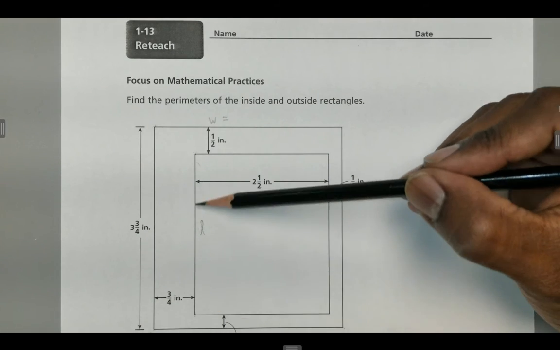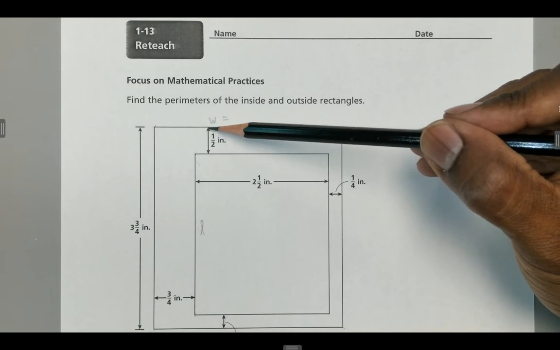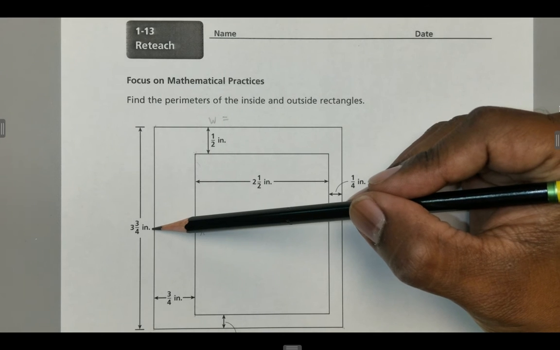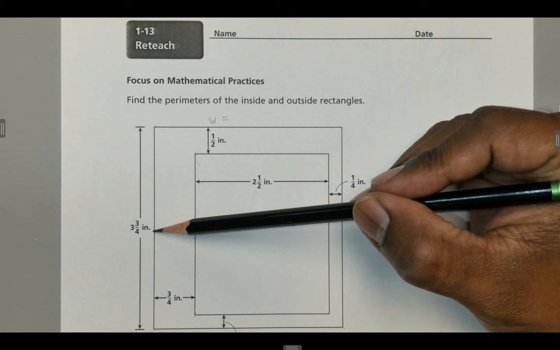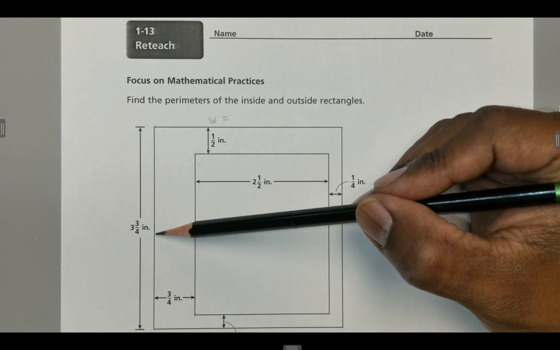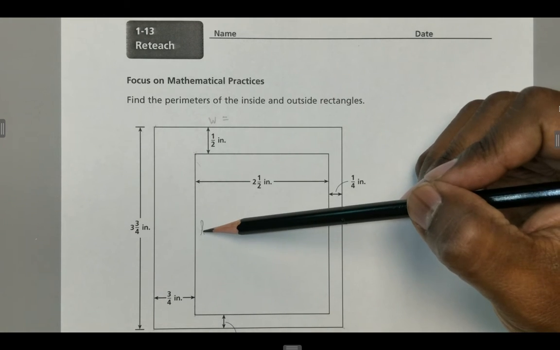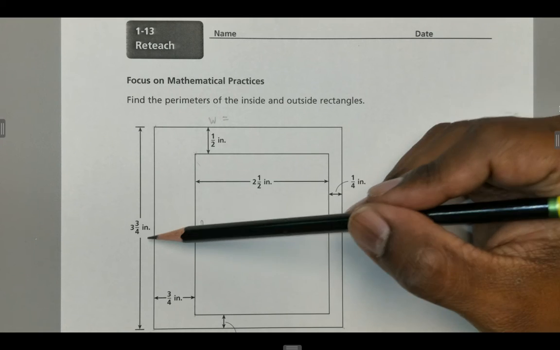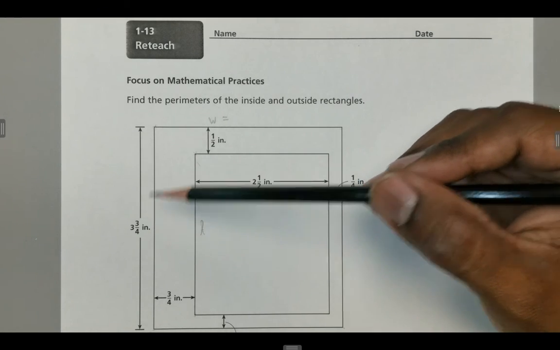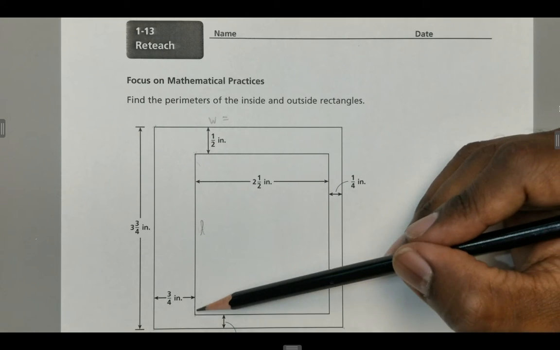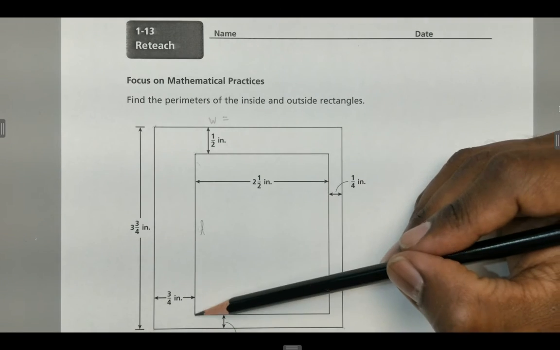In other words, this measurement plus the 1/2 inch up top plus the 1/4 inch at the bottom all together is going to equal this amount, 3 3/4. So I can express that a different way. I can say, well, this can be found by taking this bigger amount and subtracting out a 1/2 and a 1/4. And what is left is going to be this length from here to here.